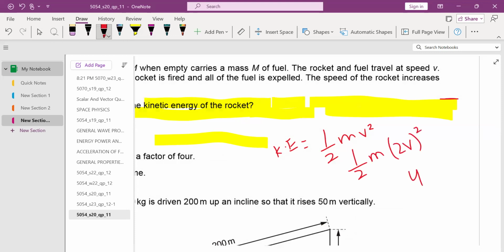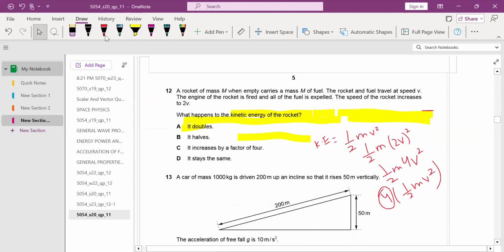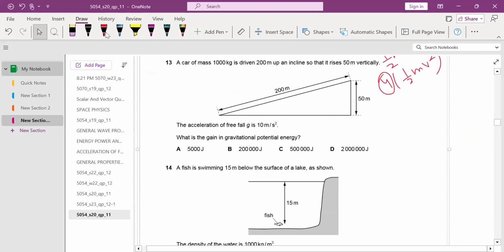So it would be 4v square m 1 upon 2. Let's take 4 common: 4 times 1 upon 2 mv square. So initially the kinetic energy was 1 upon 2 mv square. Now it increased by a factor of 4. So according to this, option C seems correct. It increases by the factor of 4. Option C is correct for question number 12.